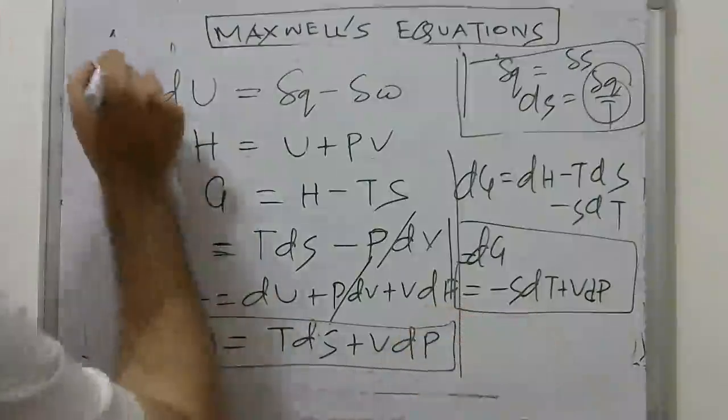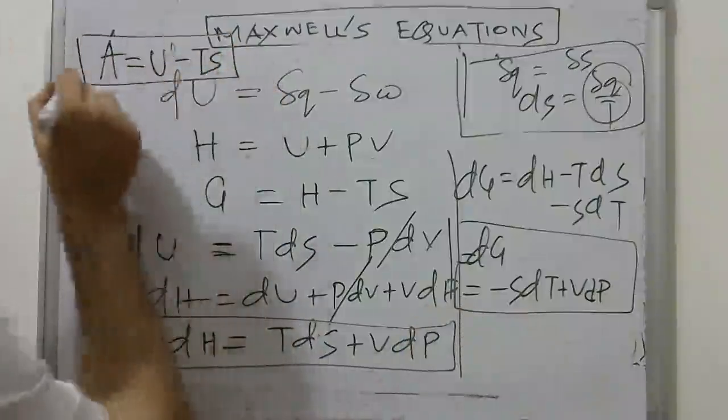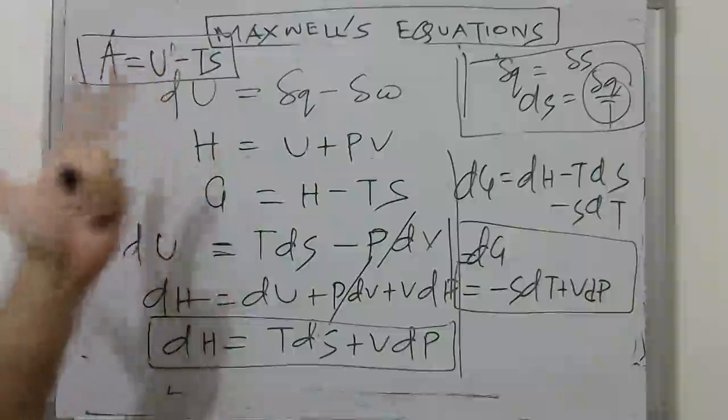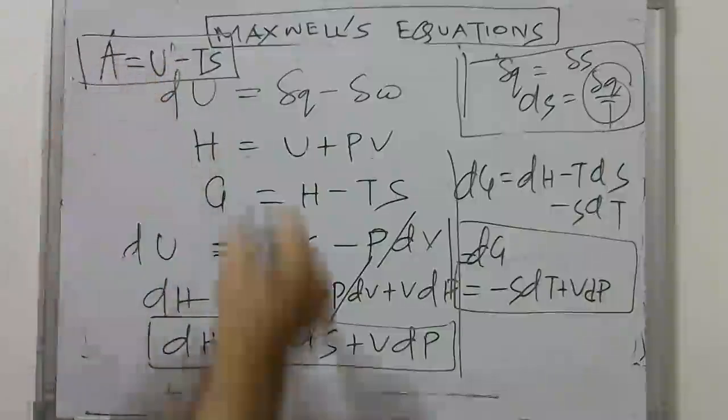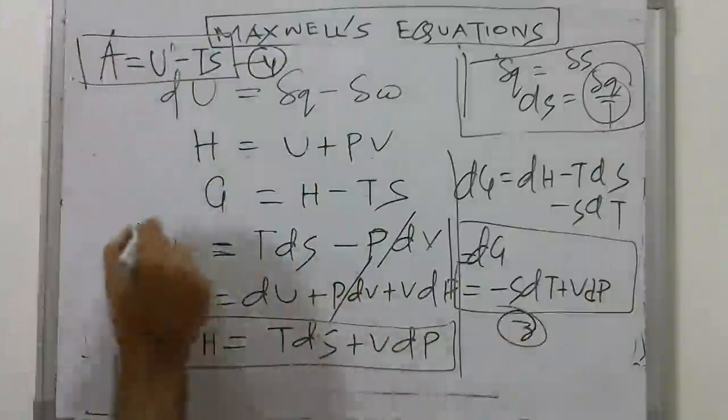And A is similarly, you do it for yourself, U minus TS. So you substitute that and you get your expressions. The fourth Maxwell equation follows from here. The third, this one is the first.